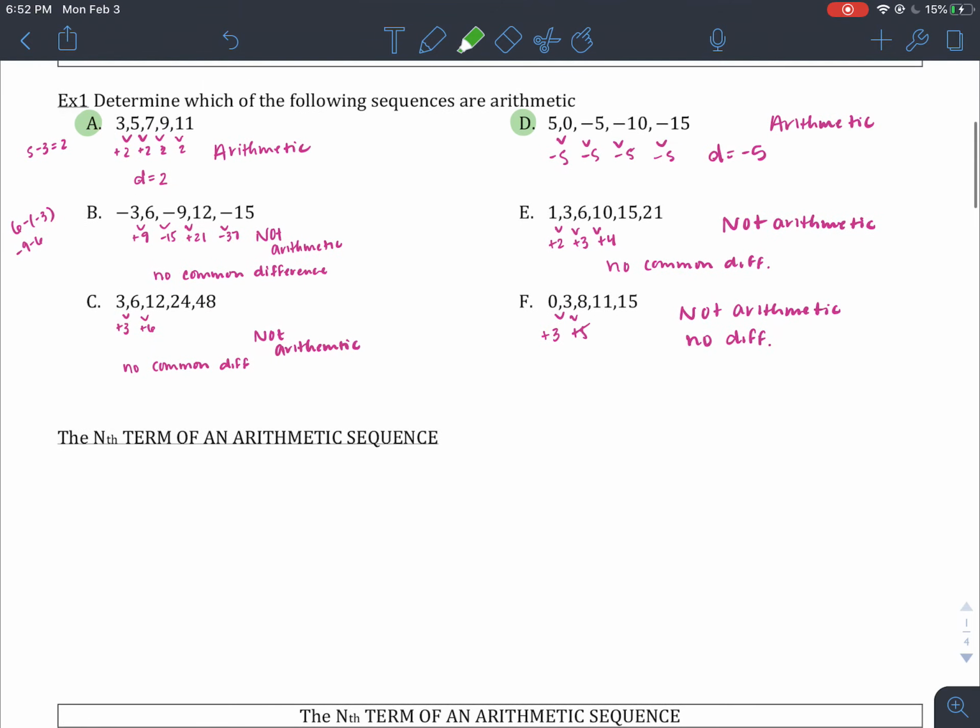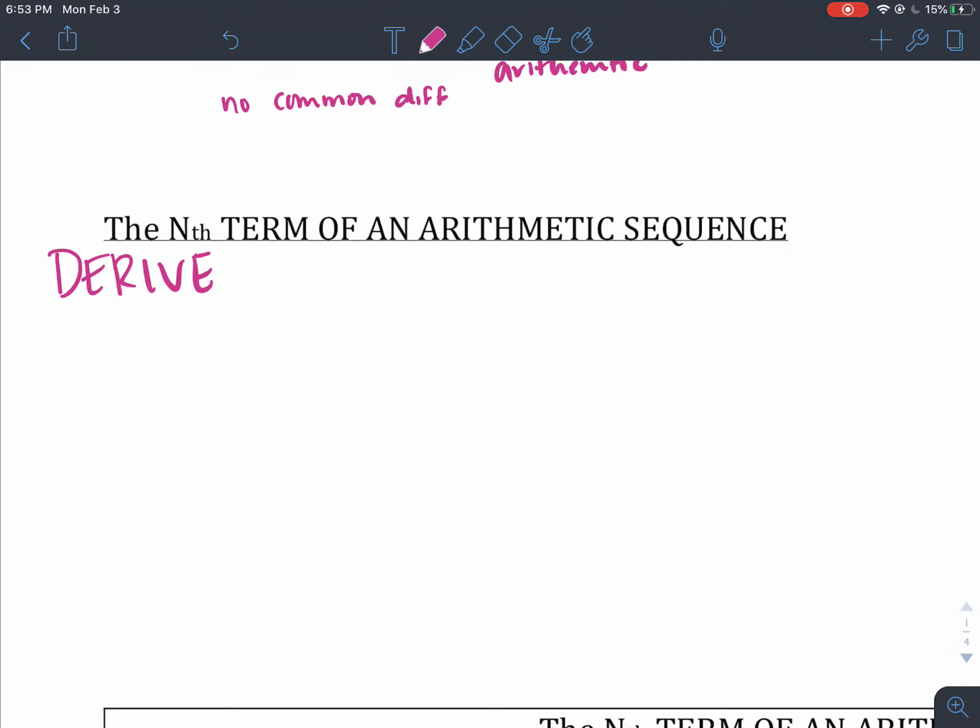What we're going to do is actually derive this formula, which means we are going to formulate it. We're going to build it up, and anytime you want to use this formula on a worksheet that you're turning in, a quiz, a test, you have to derive it. You don't get to just use it. You have to build this formula.